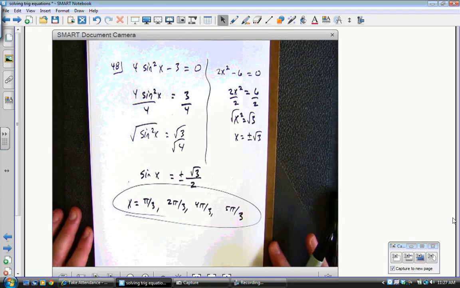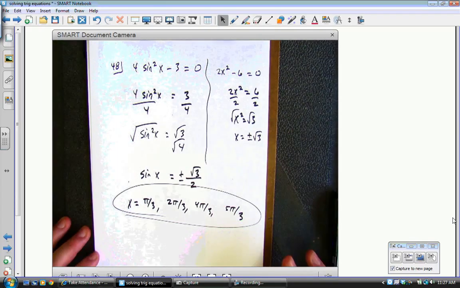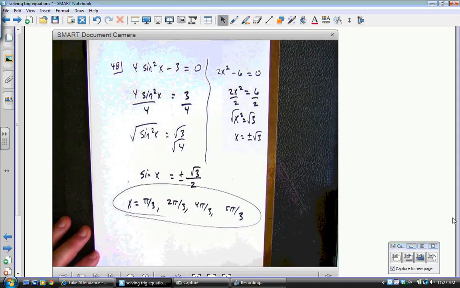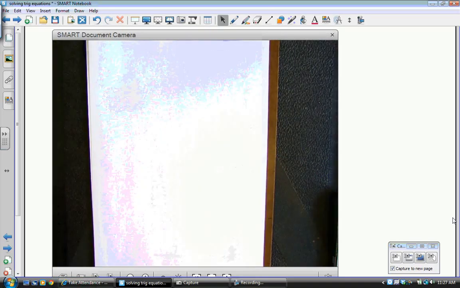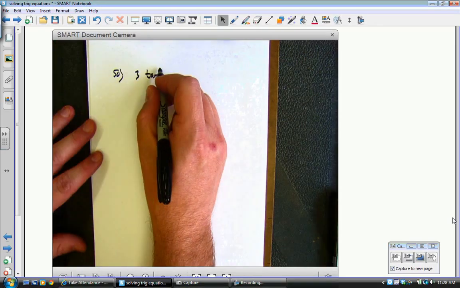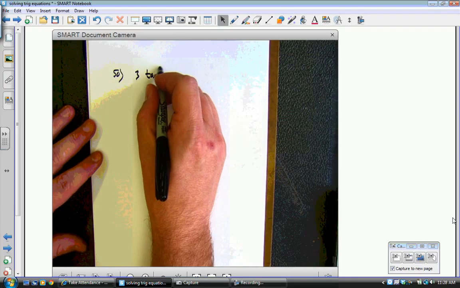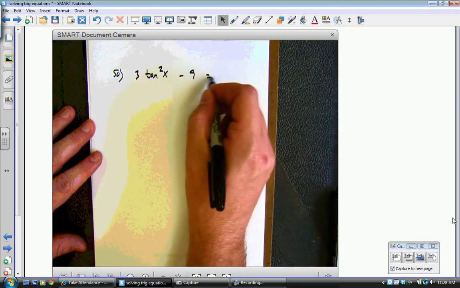Okay. Now, 50 is another one that's kind of similar here. Am I right? Where we use the square root method. Do y'all want to do number 50 or are we good here? Yeah. Let me do it? Okay. Now do me a favor because I don't have it in front of me. Call it out. Tangent squared. Okay.